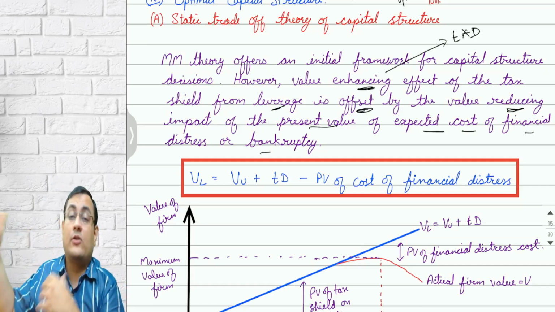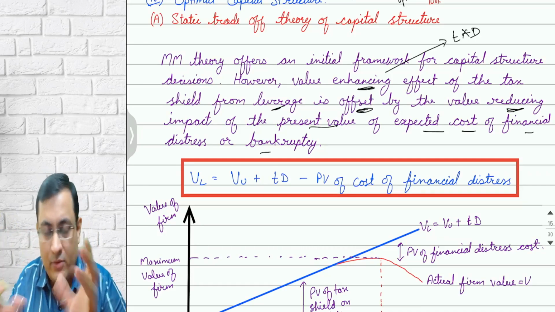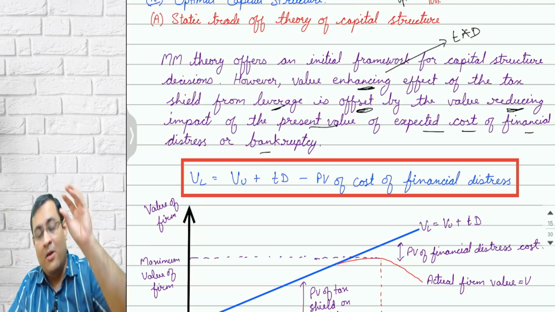Whatever distress cost we are going to incur in the future, we will bring it back to the present value, and then we will adjust this in the value of the firm by subtracting it in the value of firm formula of the MM approach.